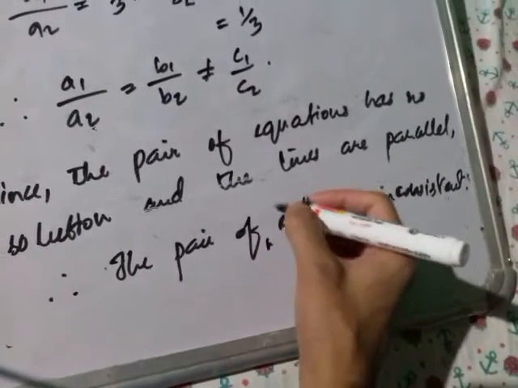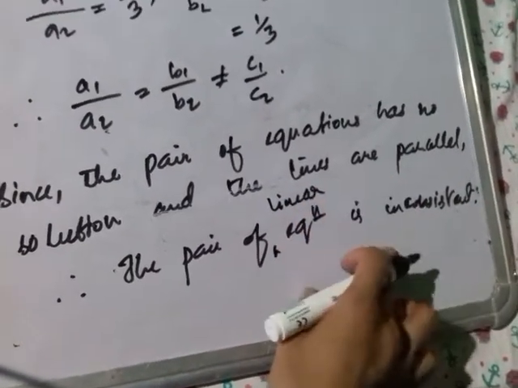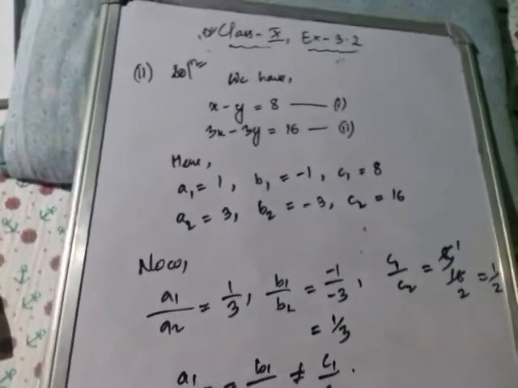You will write like this, inconsistent. Or you can write the pair of linear equations also here. The pair of linear equations is inconsistent. So you will write like this.